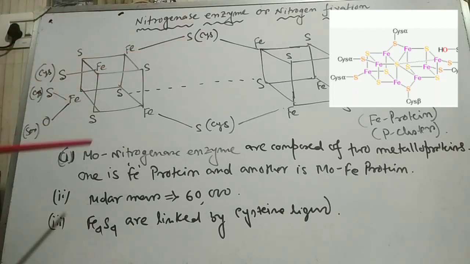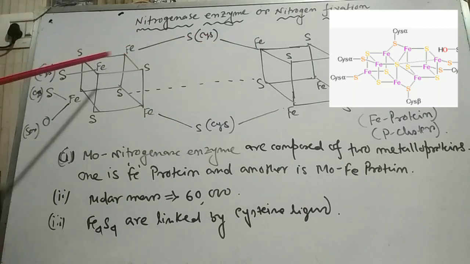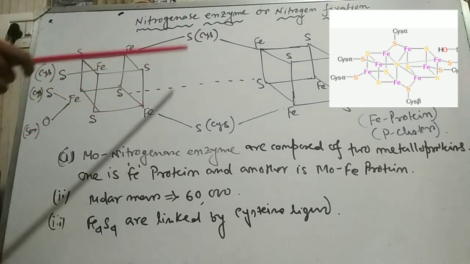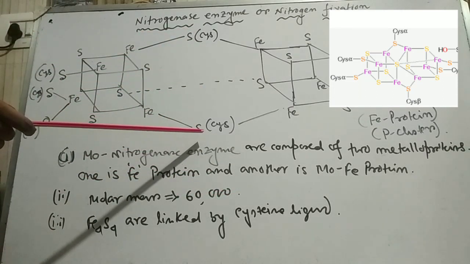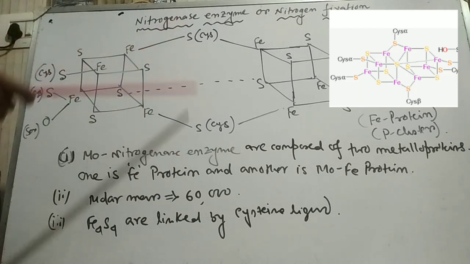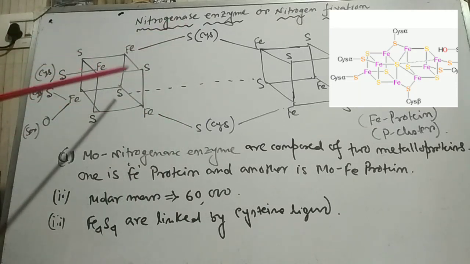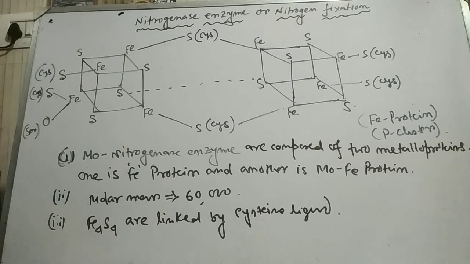In the iron protein, the two Fe4S4 units are linked by the sulfur atoms of cysteine ligands. Besides, the two Fe4S4 units are connected by an S-S bond.